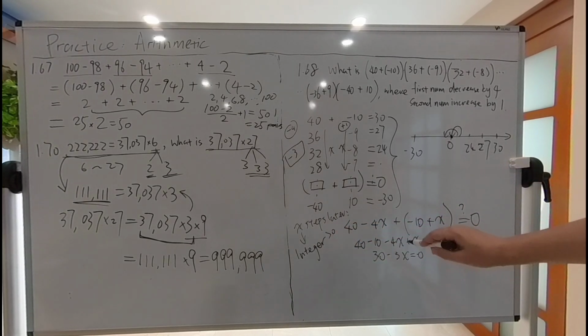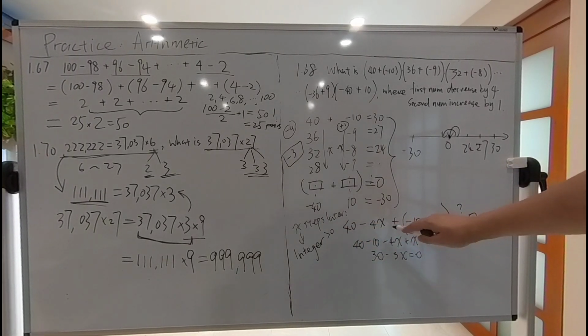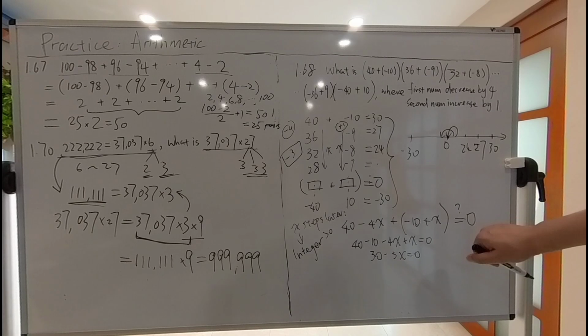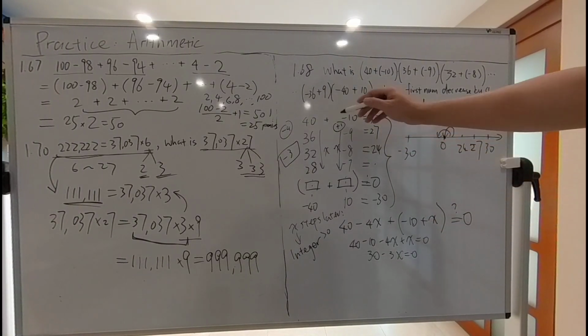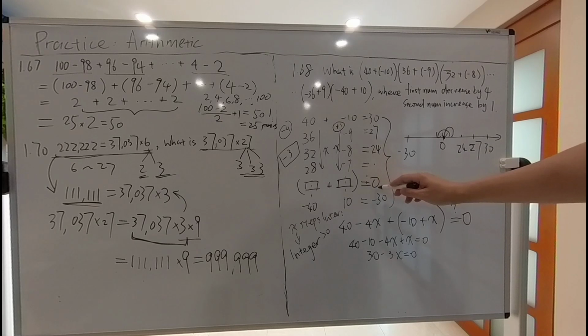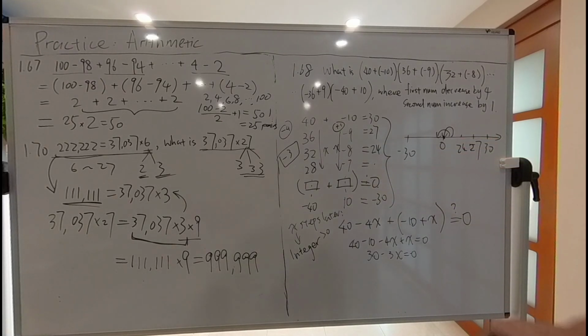So even if I solve this equation, if I cannot solve x as a positive integer, it still means that it is not possible to get a term that exactly equals 0 in an integer number of steps.